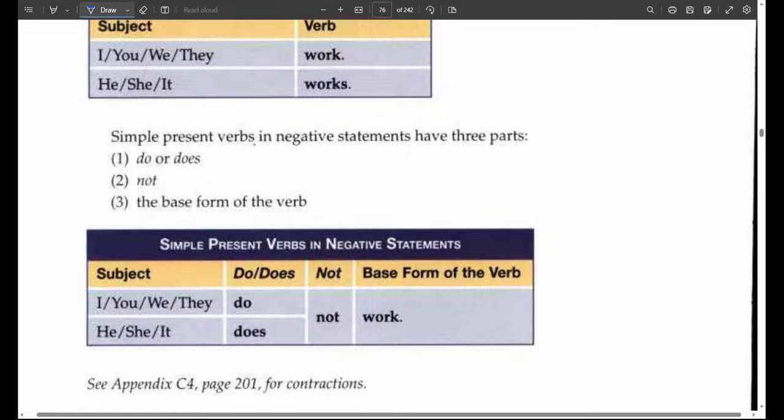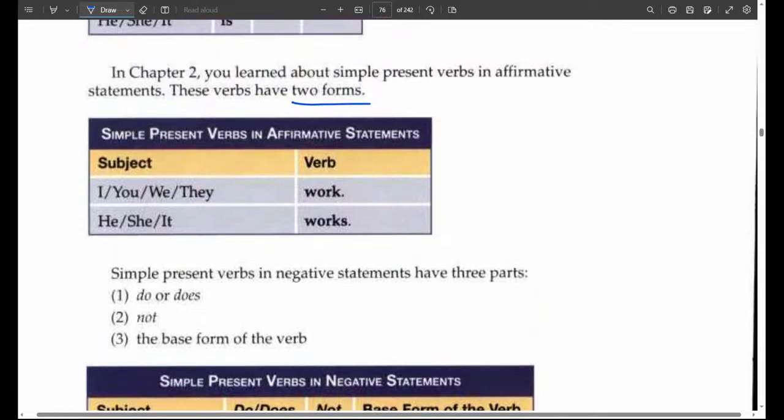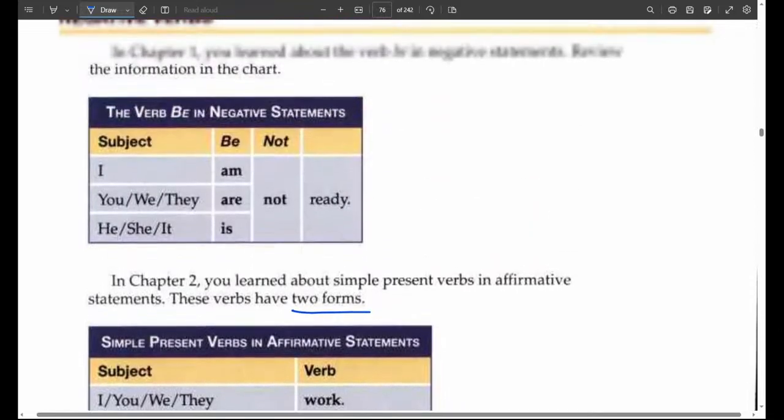Simple present verbs in negative statements have 3 parts: do or does, not, the base form of the verb.